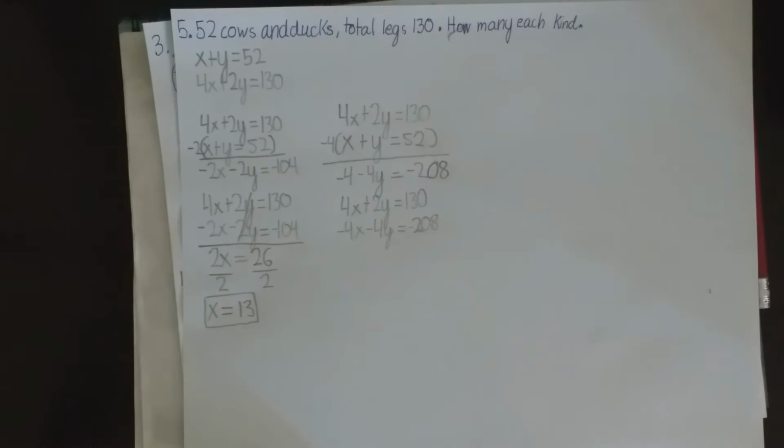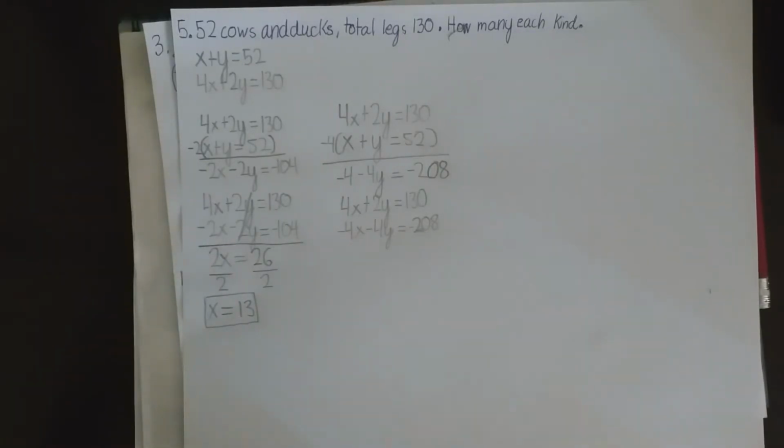And this is still for our number 5, and this time we're looking for y. Our first equation was 4x plus 2y equals 130. And for our second equation, for it to be compatible with 4x, we will have to multiply it by negative 4, so we can cancel the x because we were looking for y.